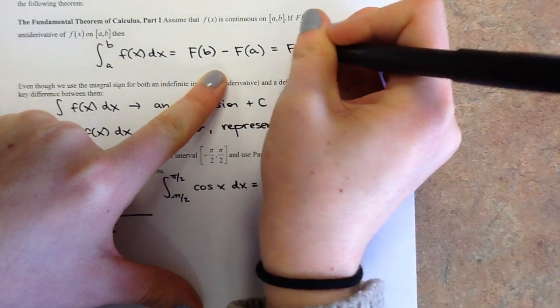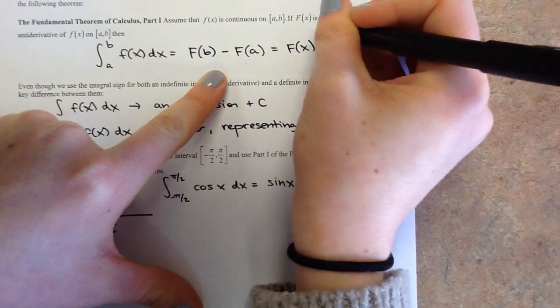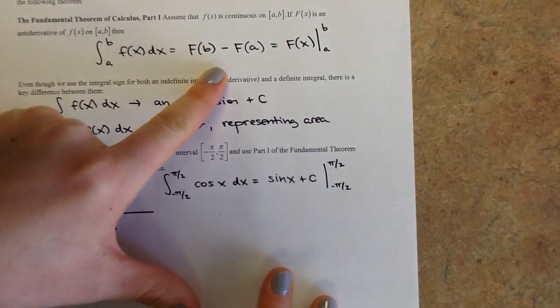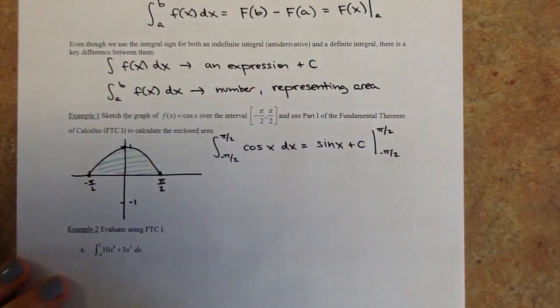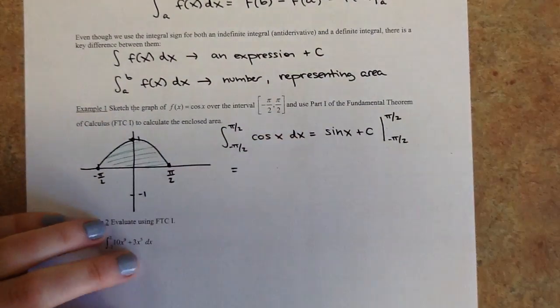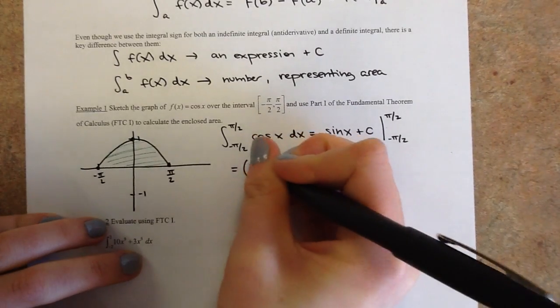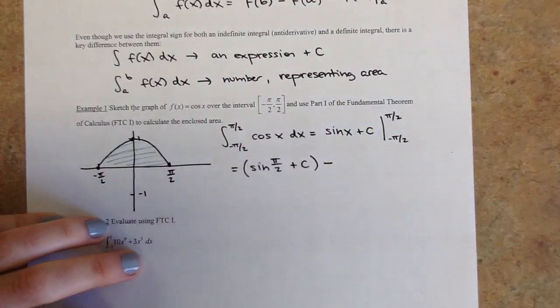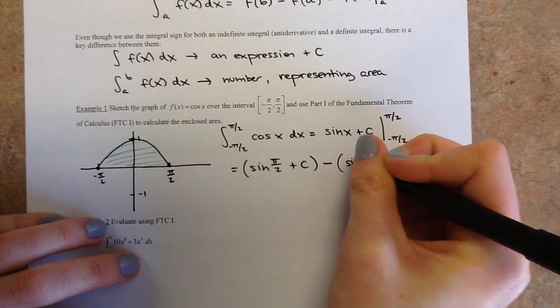So let's write F of x from a to b. This is always the first part. I'm in the wrong order here, but bear with me. So we start with this, and then we plug in the pi/2, so sine of pi/2 plus c, and then we subtract what we get when we plug in the lower bound.